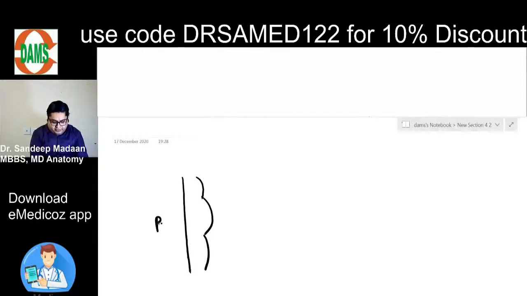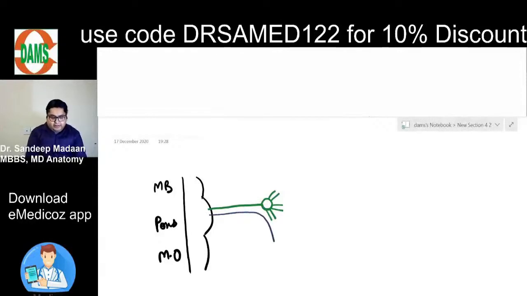This part is the pons. Above we have the midbrain. Below we have the medulla oblongata. And from the pons we have this sensory root coming, that is making the trigeminal ganglion, which will eventually give three branches. And there is one slender branch coming, that is the motor root, like this.